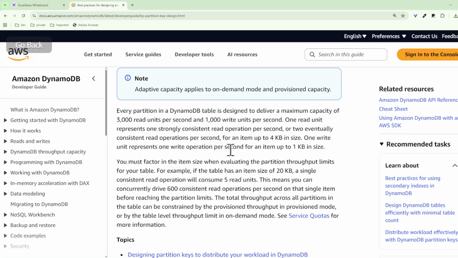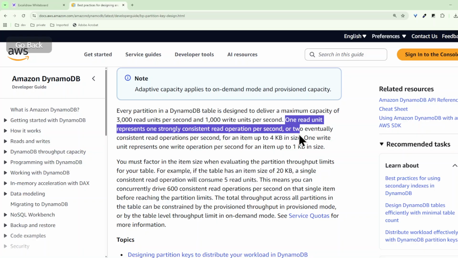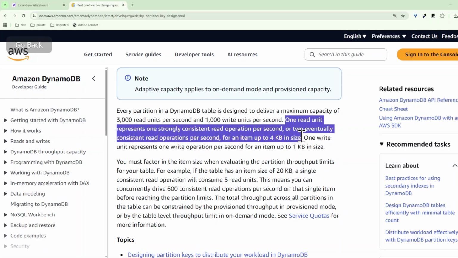Now, the same goes for RCU also, but in RCU it is a little bit different. In RCU, we have two kinds of operations. One is strongly consistent read operation, and the other one is eventually consistent read operation.